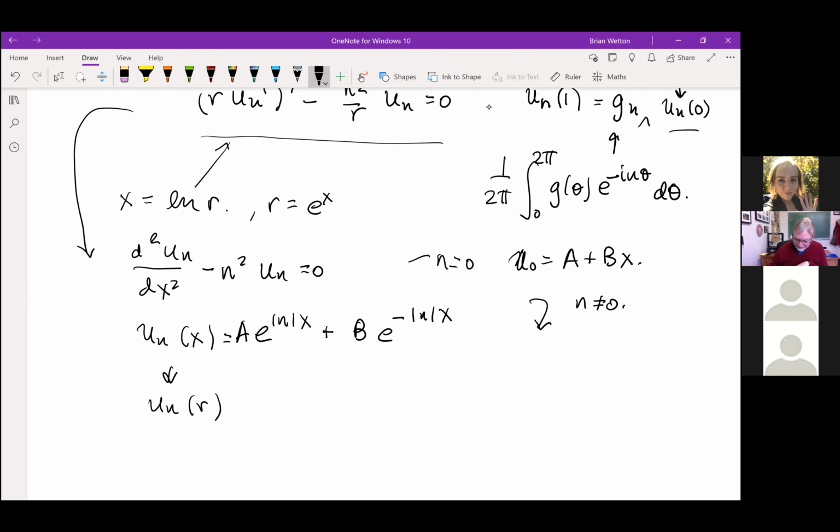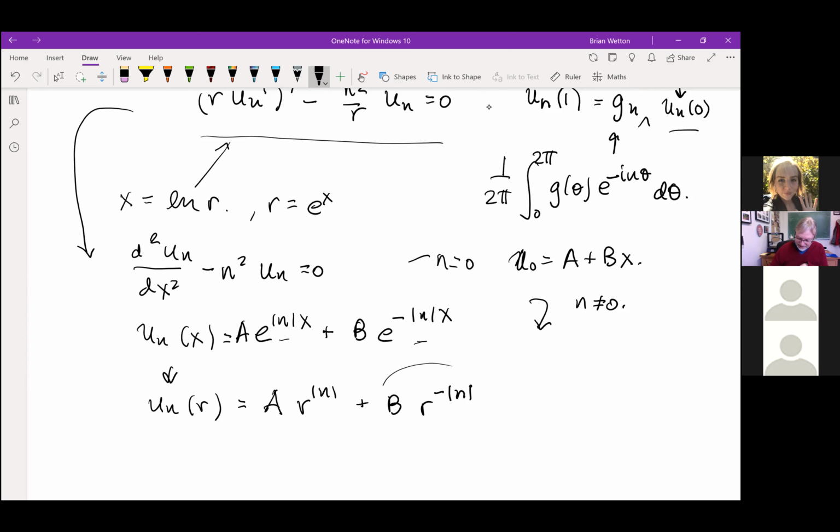this stuff. Now, of course, I could have just put n and minus n here without the absolute value, but there's one of the solutions which is okay for the positive n's, absolute value of n's, and the negative ones. So I've written it this way, and so this is going to be when I go back to regular r coordinates. This is r to the n, and this is r to the minus n, right?